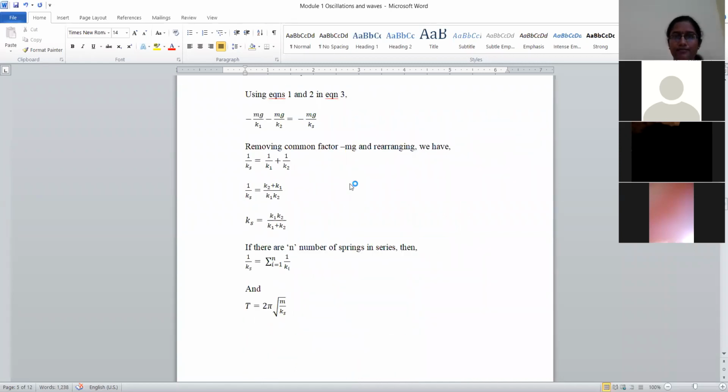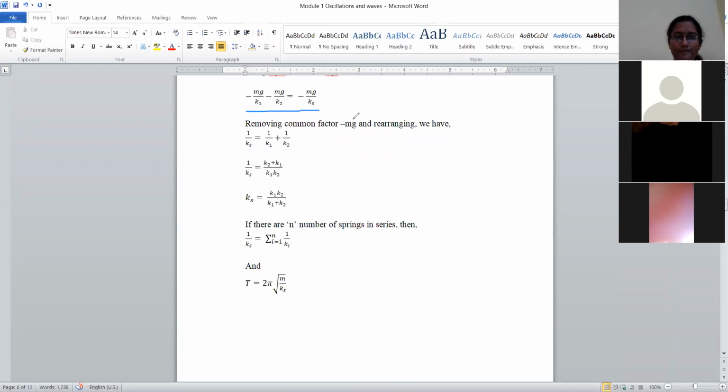So you can see in this, minus mg is a common factor. Minus mg is a common factor, and we remove that and rearrange. We have 1 by Ks is equal to 1 by K1 plus 1 by K2, where Ks is the force constant for the combination of springs, K1 is the force constant for the spring S1, K2 is the force constant for the spring S2.